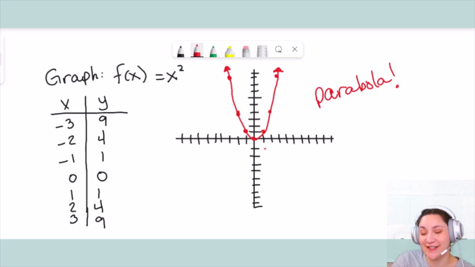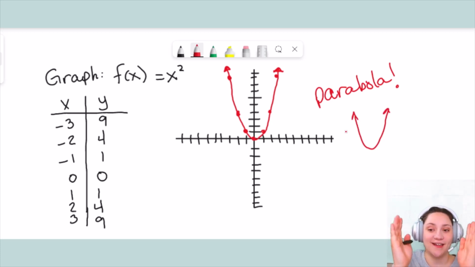So remember I mentioned earlier, the quadratics have the shape of a parabola, and this sort of U shape where the U is expanding out in both directions is the shape of a parabola. And the parabola can be oriented all different ways on the graph. It can be narrow, it can be really wide, but it still has that general sort of expanding U shape, and that is a parabola.